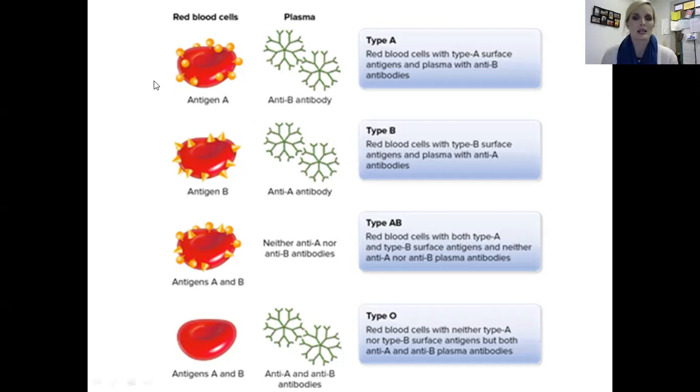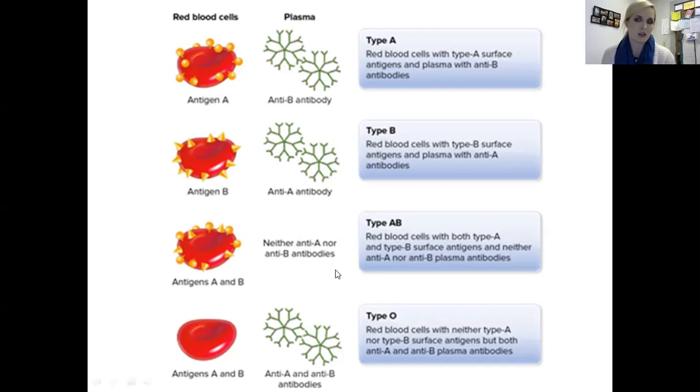So to somebody who is type A, the B antigen would be considered foreign, and that's why they have the anti-B antibody. Opposite in somebody who's type B. In somebody who's type B, the A antigen is now considered foreign. In somebody who already has both, they both belong, so therefore they're not going to fight off either A or B because they both are normally there. So nothing is foreign in that case.